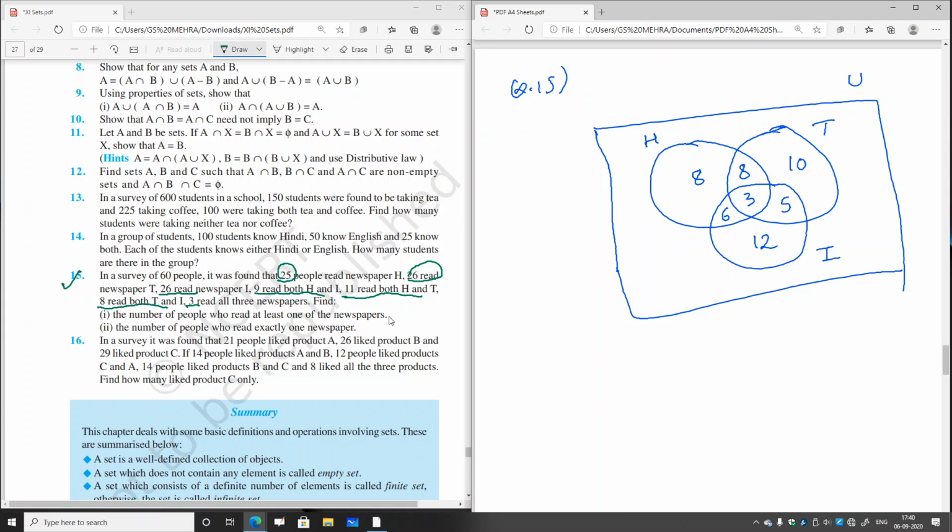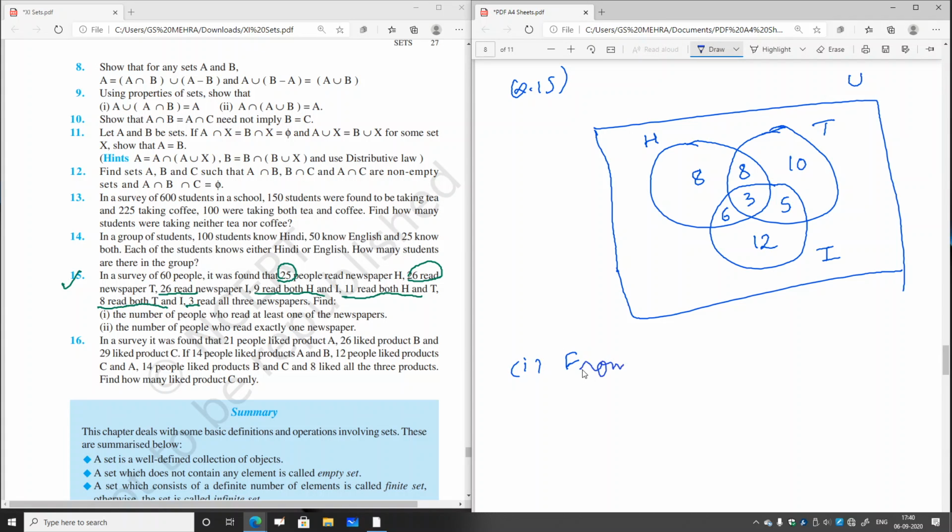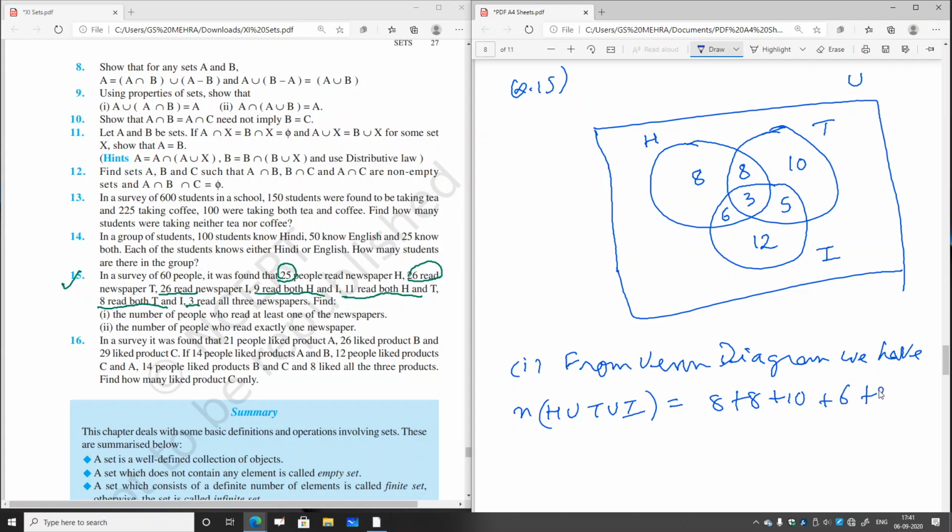So we have to find the union of H, T and I. From the Venn diagram we have n(H union T union I) equal to just the total of all these numbers: 8 plus 8 plus 10 plus 6 plus 3 plus 5 plus 12. 8 plus 8 is 16, 16 plus 10 is 26, 26 plus 6 is 32, this will be 35, this is 40, and plus 12 is 52.